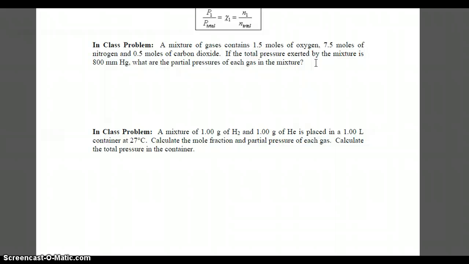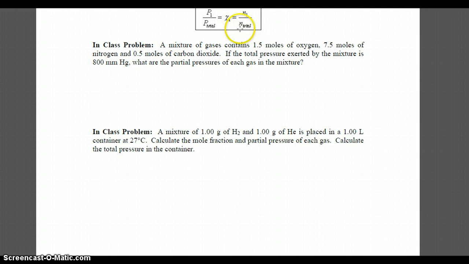Okay, so what you're going to want to do here is incorporate this equation up here, and you can leave out the chi that's in the center. You're going to want to isolate P1, because you know that's what you're solving for, because you know the partial moles of gas for each gas.